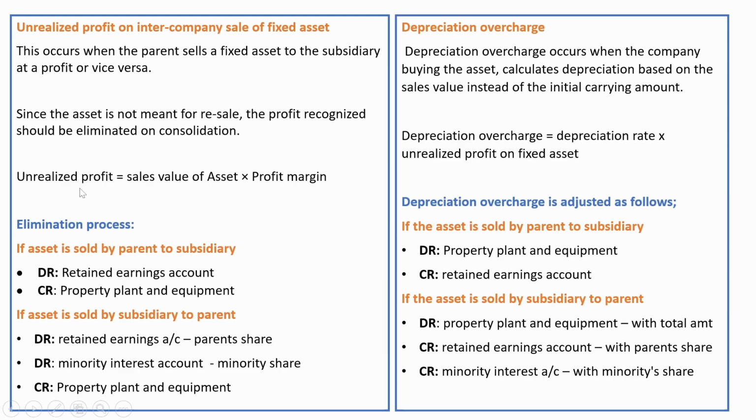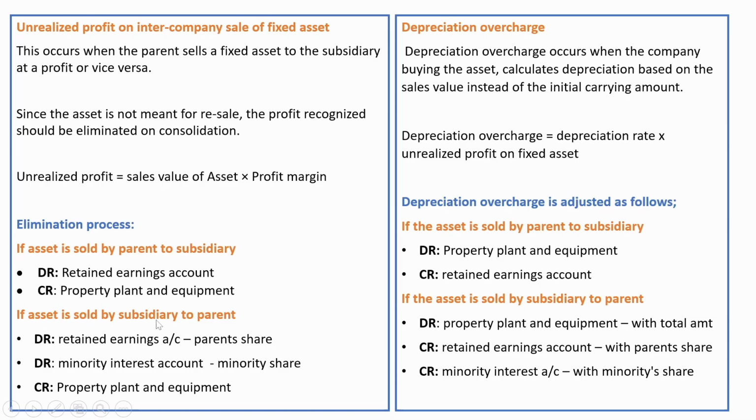So for you to eliminate unrealized profit on intercompany sale of asset, these are the entries. If asset is sold by parent to subsidiary, minorities will not have a share. We are going to debit retained earnings account, credit property, plant, and equipment account.